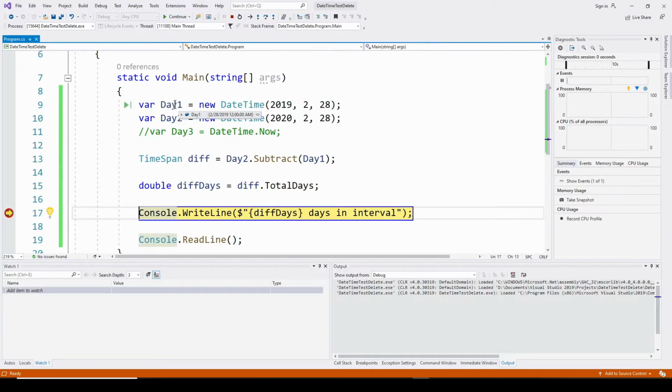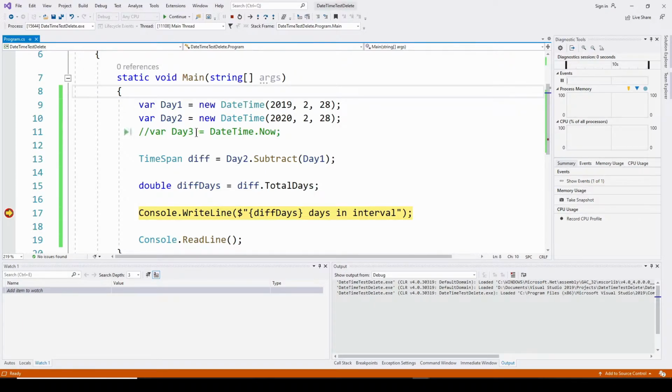And here, if I go up to my day 1 and look, it is, as you can see, February 28th, 2019, and it defaults to midnight on the morning of February 28th, 2019, 12:00:00 a.m. So if I don't specify, it defaults to midnight, or early morning.